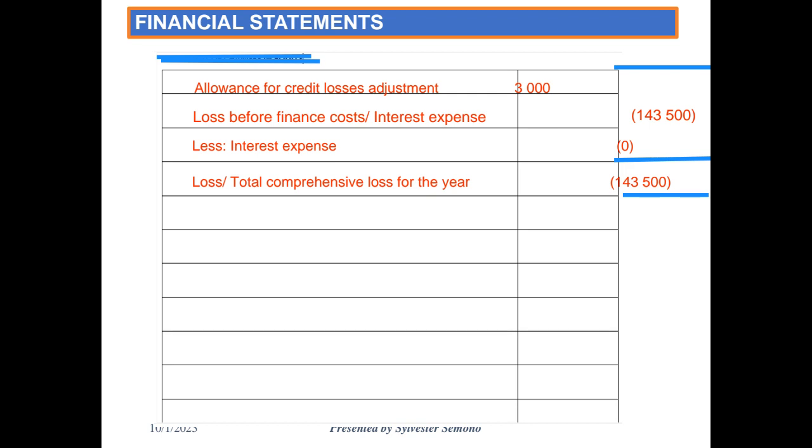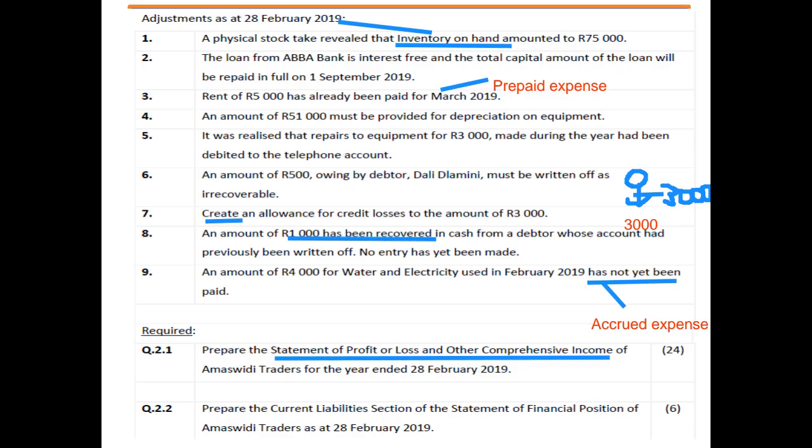So now I want us to do, if we check any question, you can think about the questions for now. According to this question, the next requirement they wanted us to do was the current liability section of the statement of comprehensive income.